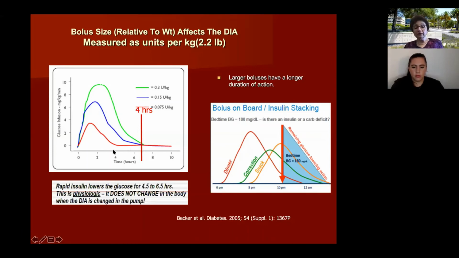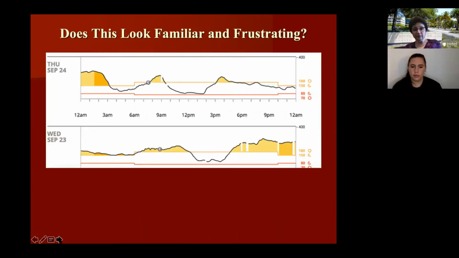For example, if you're setting it at 3 hours here, you can see how much active insulin bolus on board you still have that the pump is not accounting for. And you are giving yourself extra bolus, and the pump does not account for it, because it counts your insulin on board only for 3 hours. So it underestimates your bolus on board, and then you go low in the middle of the night. So I think this is a very important point that we usually see all the time.